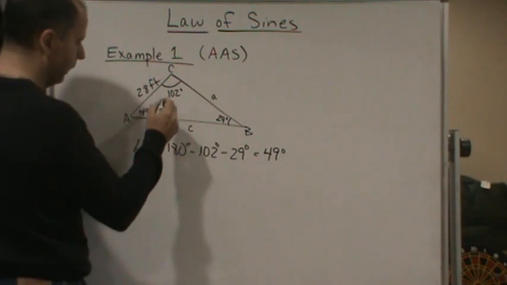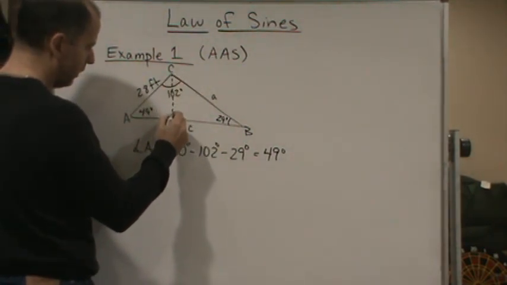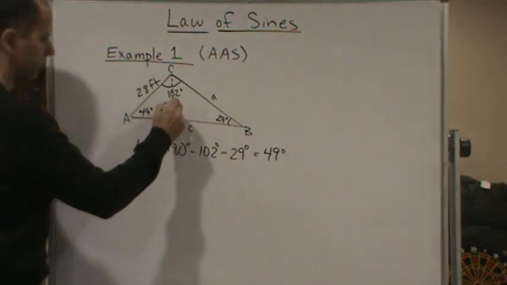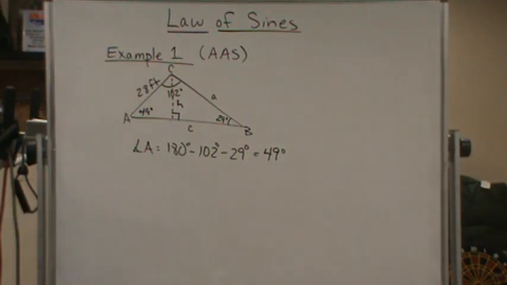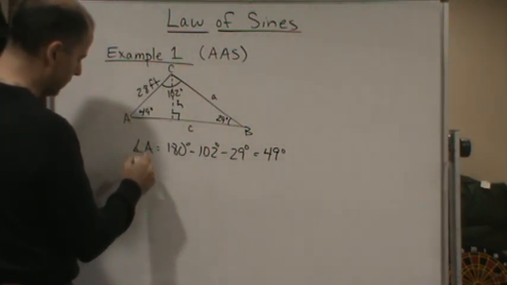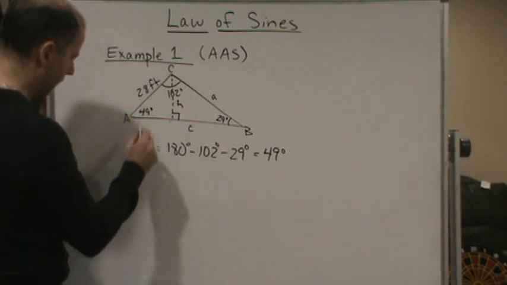Now, first thing we need to do is find h, the height of the triangle. So let's draw the dotted line. Here's our h. We've got this 28, so let's use the 28. We're going to use sine A, which is opposite over hypotenuse.